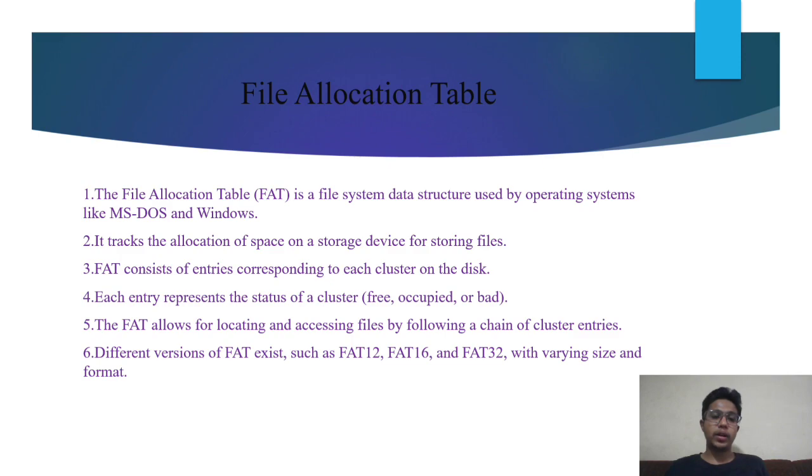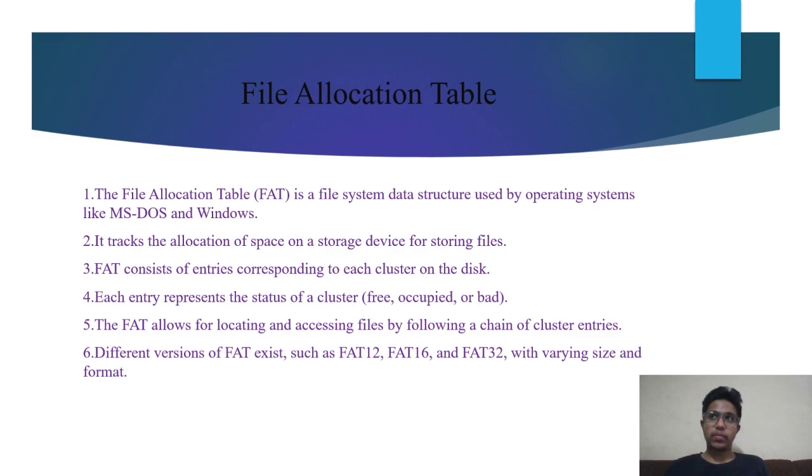The file allocation table consists of entries corresponding to each cluster on the disk. Each entry represents the status of a cluster. It allows for allocating and accessing files by following a chain of cluster entries.